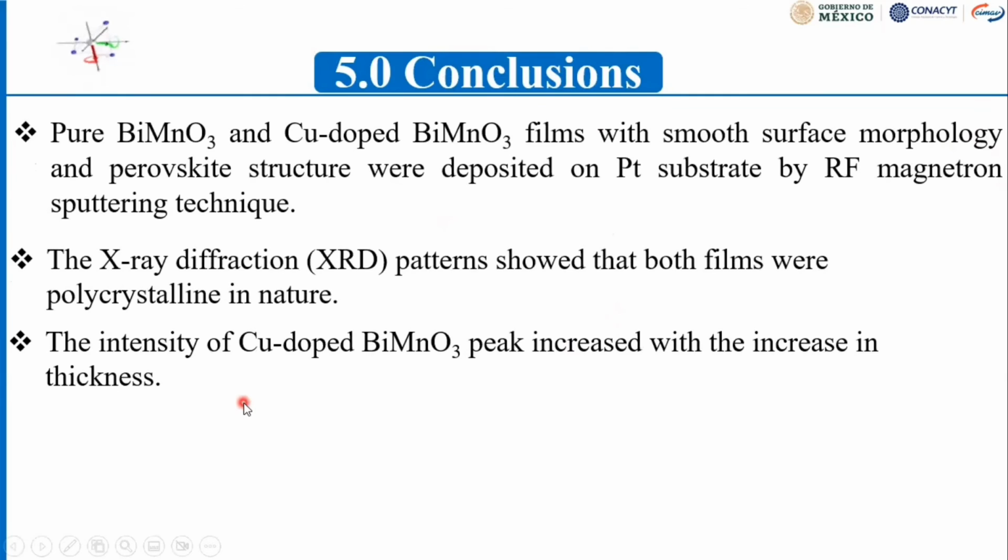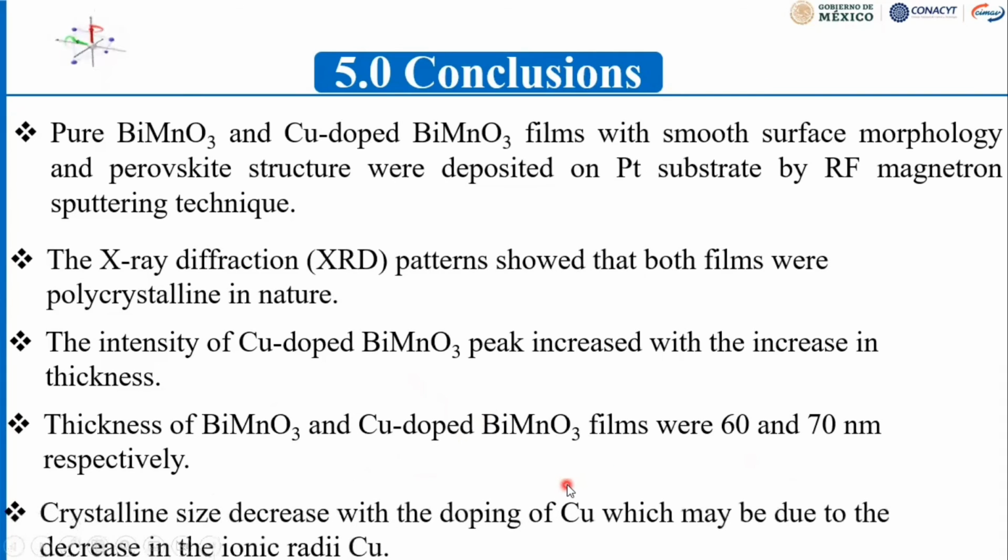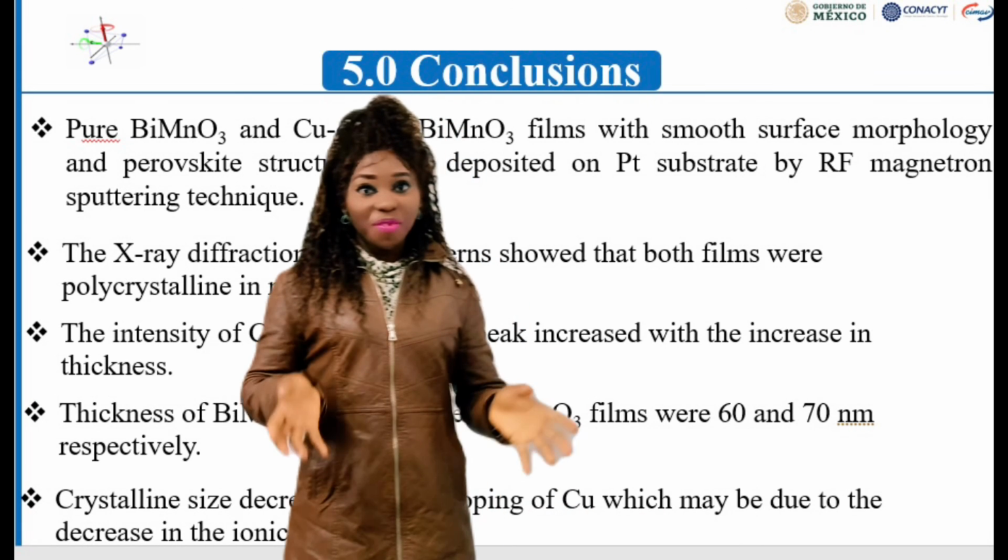The intensity of the copper-doped bismuth manganese oxide peaks increases with the increase in thickness. Thicknesses of bismuth manganese oxide and copper-doped bismuth manganese oxide films were 60 and 70 nanometers respectively. Finally, the crystallite size decreased with the doping of copper, which may be due to the decrease in the ionic radius of copper.